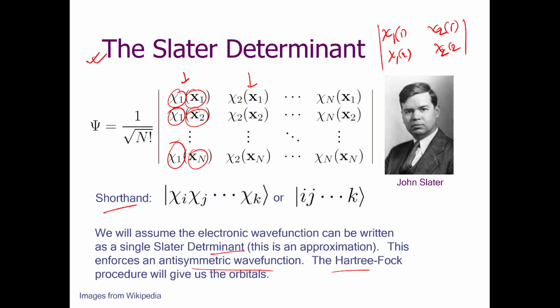You don't know the normalization constant, so you put it in here, and then you calculate the determinant, that is chi1(1) chi2(2) minus chi2(1) chi1(2), right?